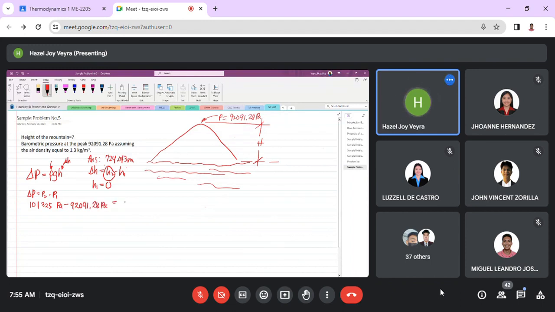Density is 1.3 kilogram per meter cube, and then gravity, meter per second squared, H2, and then H1 is 0. So 101325 minus 92091.28, what's the answer?